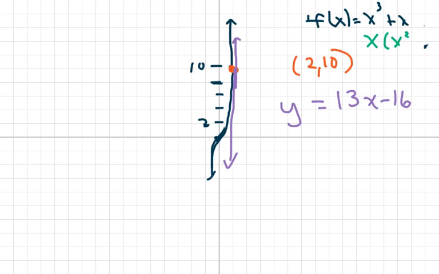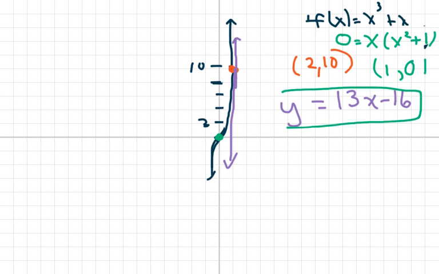I get x squared plus 1, so I know I have an intercept here at 0. So when y is 0, my x is 1. And I just drew the characteristic curve of the cubic function. And this is my graph. This is my line here.